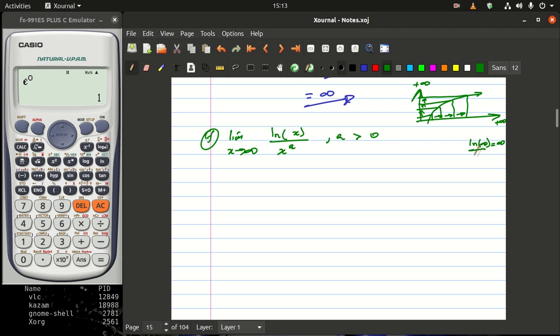And then if I divide that by x to the power a, this is a power function, and we know that power functions are always going either like this, or like this, something of that kind.